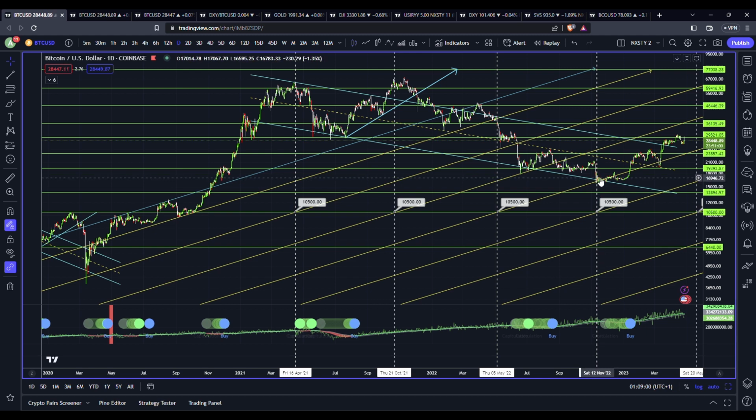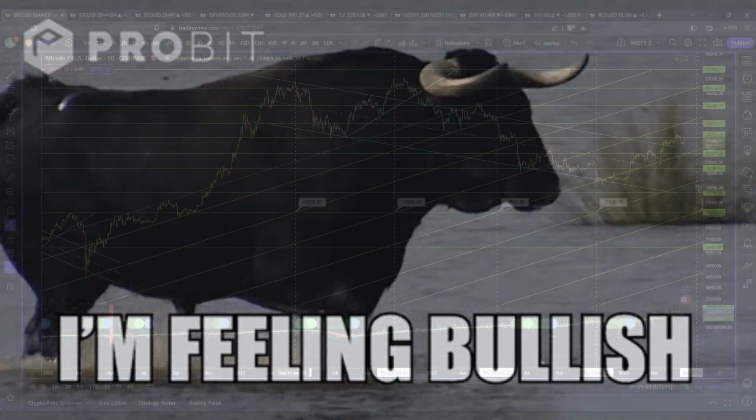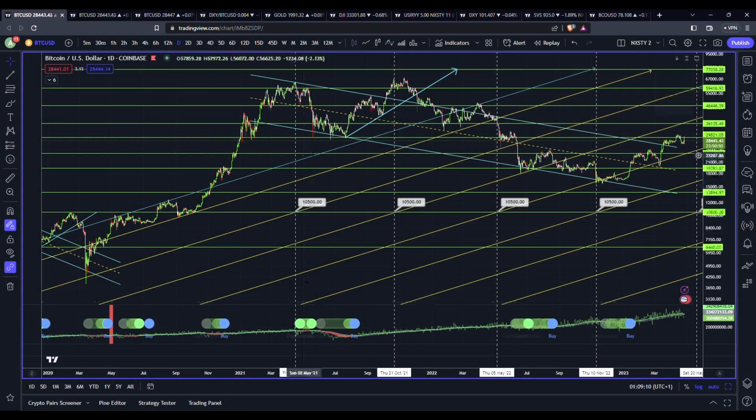So at this point in time, we realized that if we look at these vertical lines where our upward trend line and our 10,500 line cross, we can measure at least 53% to the downside.